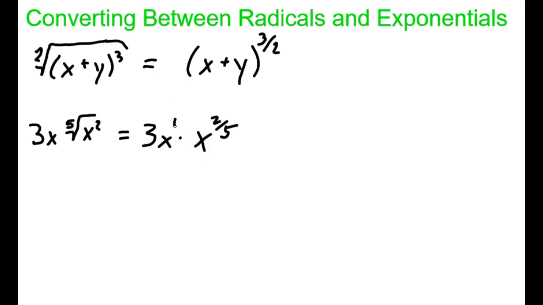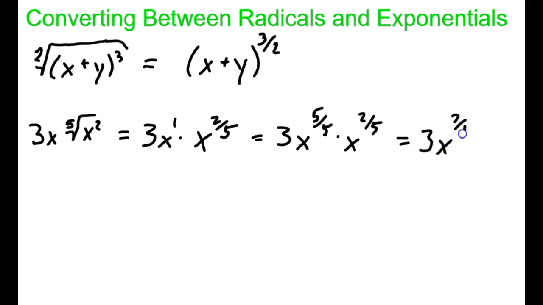So we have 1 plus 2/5, which we can rewrite. This is the same as x. 1 is the same as 5 divided by 5, so that's our exponent, times x to the 2/5 power. Now if we add 5/5 and 2/5, we end up with 3x raised to the 7/5 power.